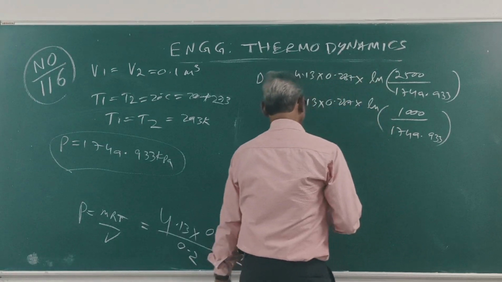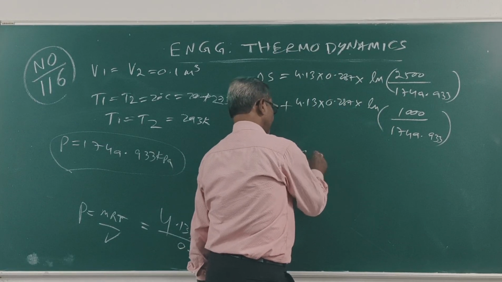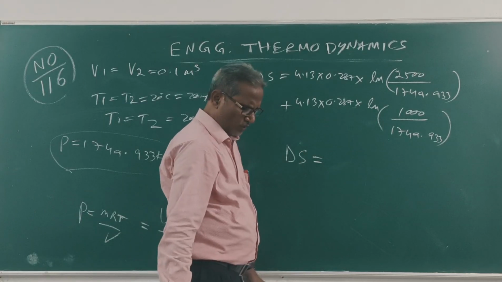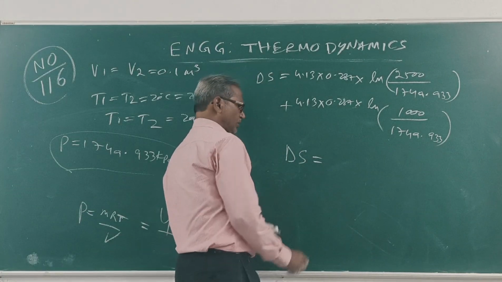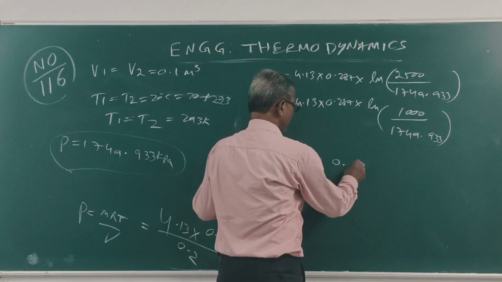Clear? So delta S total is equal to 0.113.